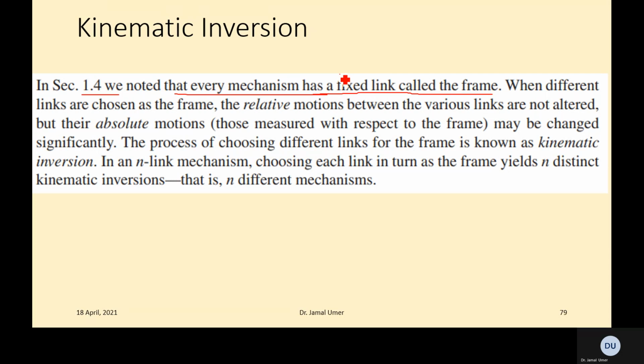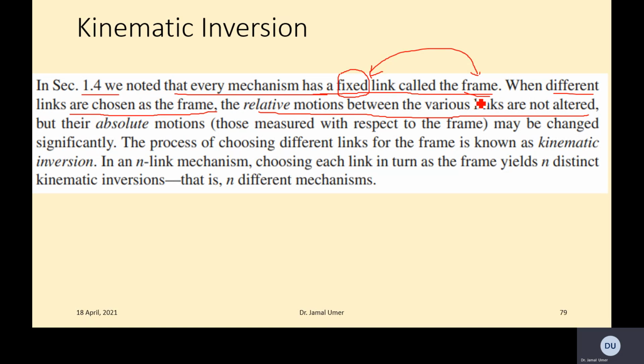Wherever you change the frame within that mechanism, what does it mean? You fix a link to behave as the frame. Let's say you have a 4-bar mechanism, so you have 4 bars, 4 links. One by one, you fix one link.